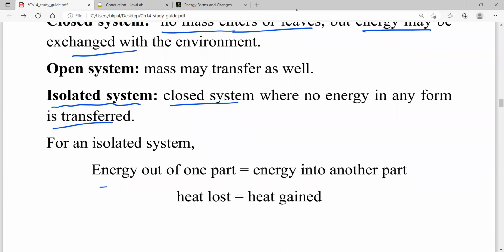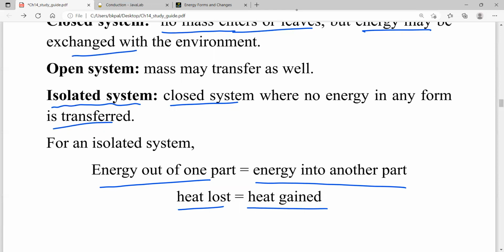For an isolated system, energy out of one part is equal to energy into another part. That means if one part lost some heat or energy, another part gained the same amount of heat or energy. So for an isolated system, heat lost by one part is equal to heat gained by another part.